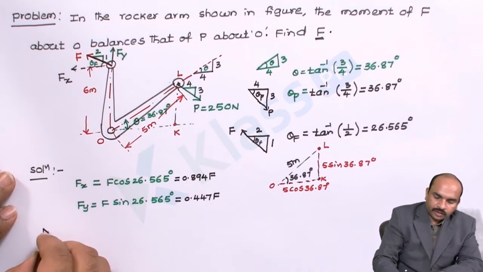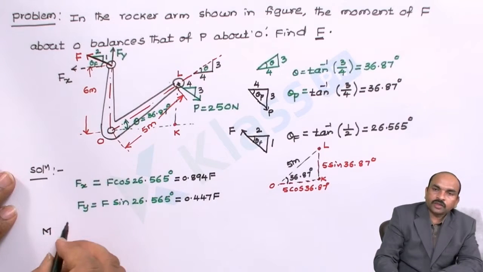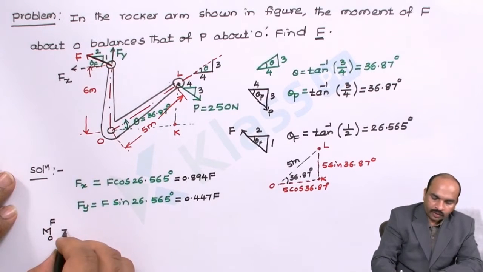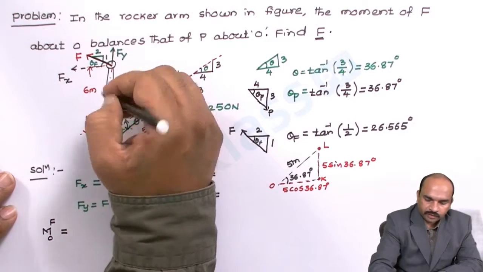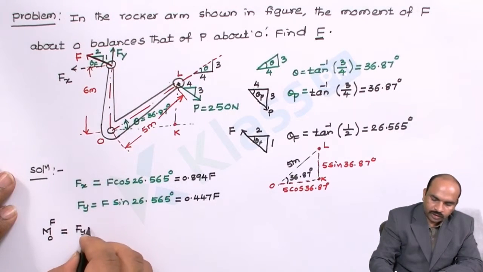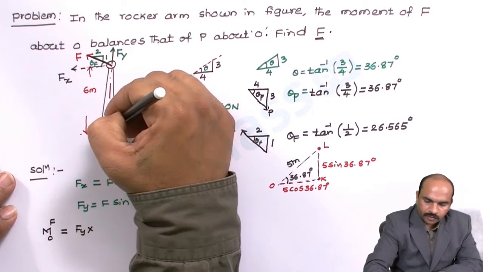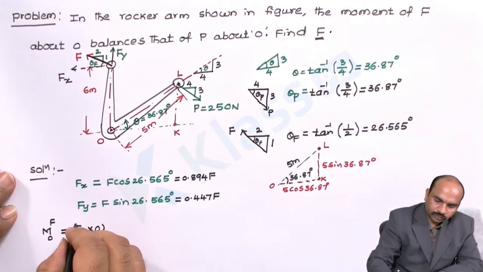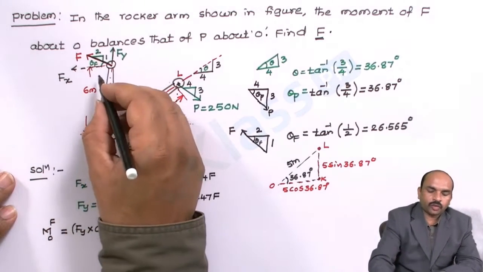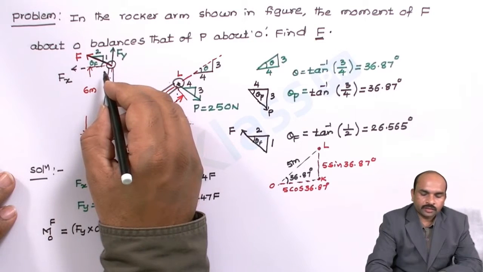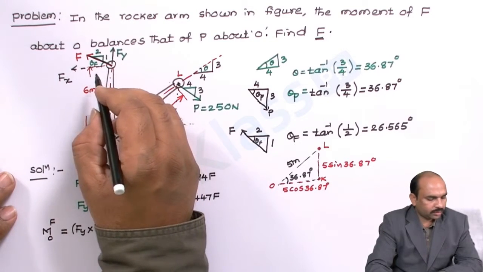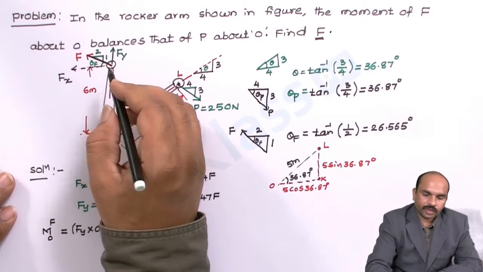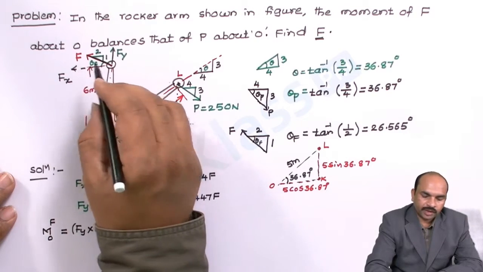Now let us write the moment of the force F with reference to O, that is Fy into its perpendicular distance from O, which is 0, because this point is O. Then with respect to O, Fx will create an anticlockwise moment, because the body will be moving in this direction.